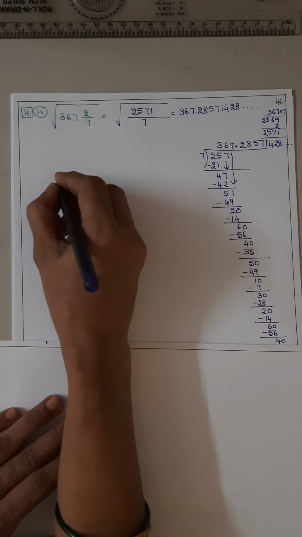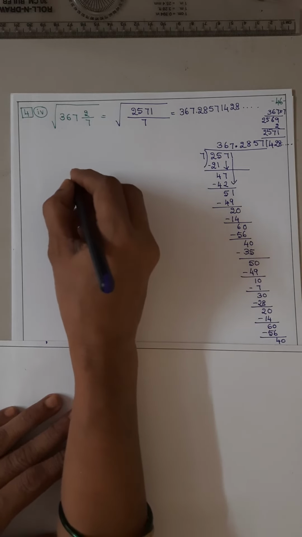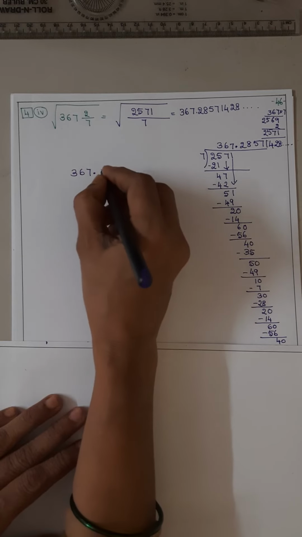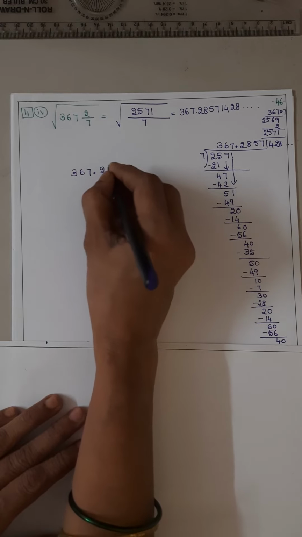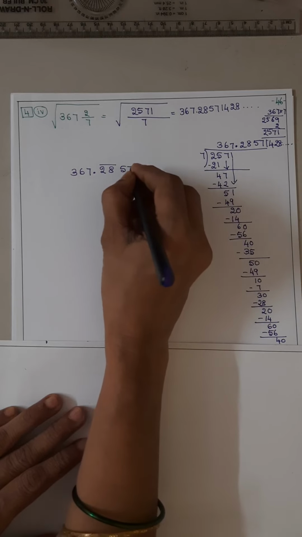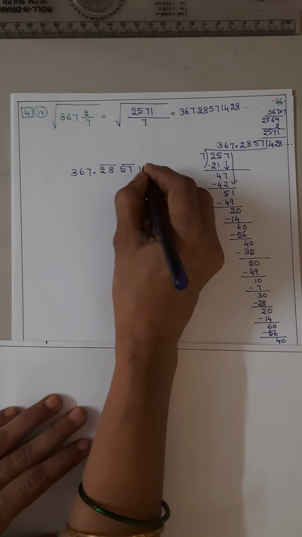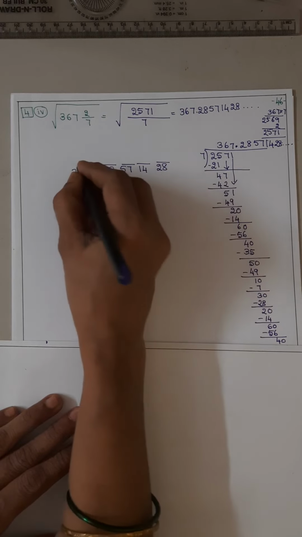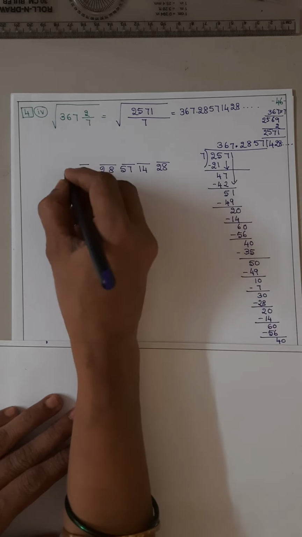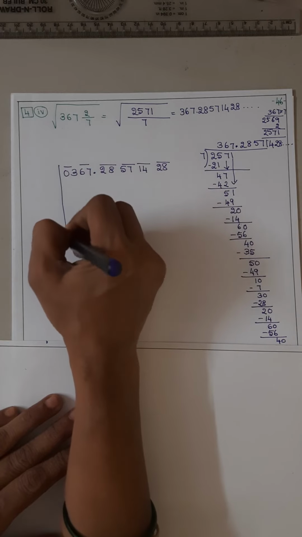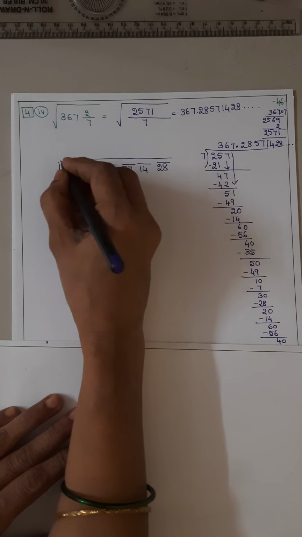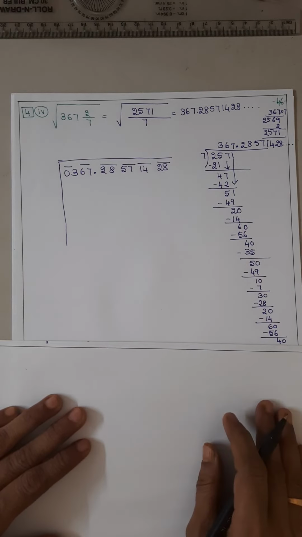It's a very lengthy process, isn't it? 367.28571428. Onto the whole number side, it will be like this. Is it clear? Hope you understood.